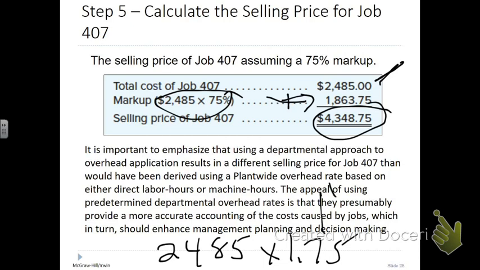Why 1.75? Because that'll be 175%: the 100% of the cost plus my 75% markup. That'd probably be the way I would have done it. Either way, you're going to get to $4,348. My point here is notice that the sales price is much higher than the job costs, and it needs to be in order to be profitable and make money.